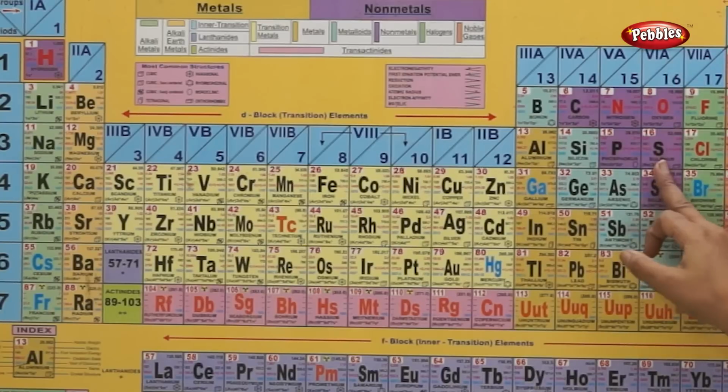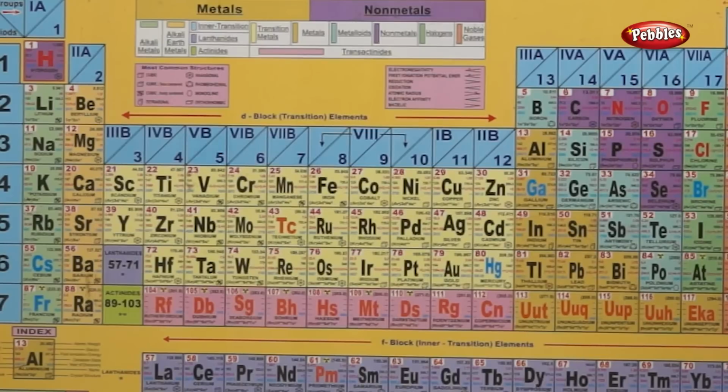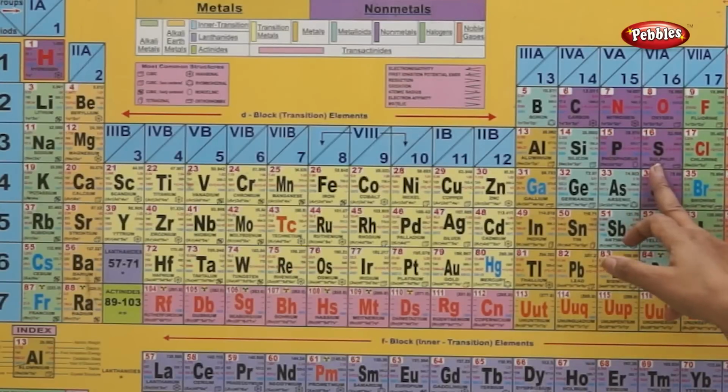If I go to sulfur, the atomic number is 16. How will I distribute it in electronic configuration? 2, 8, 6. It's not easy for the element to give out 6 electrons. It's easy for the element to take 2 more electrons from some other element. Therefore, its valency becomes 2.